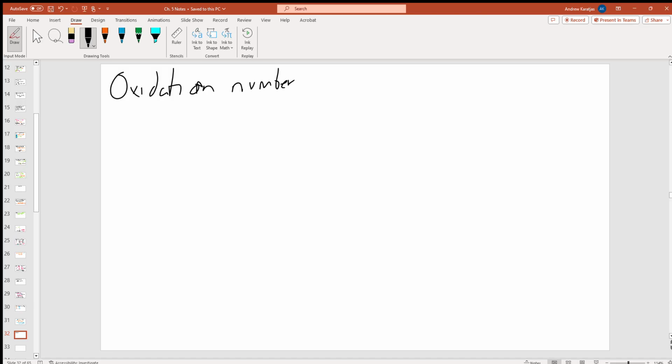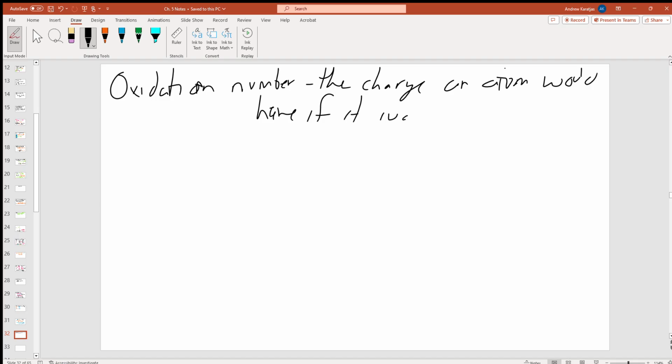An oxidation number is the charge an atom would have if it was an ion.